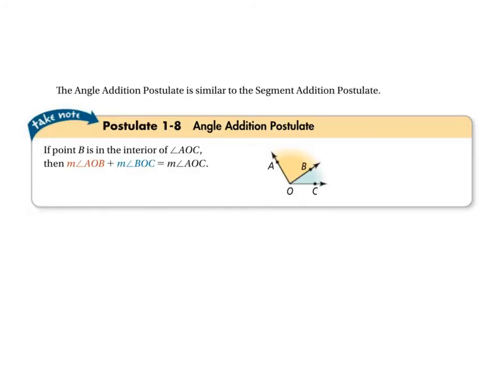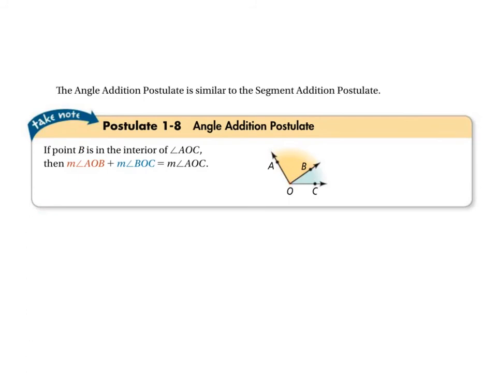All right, so like the segment addition postulate, the angle addition postulate states that two angles can add together to be a larger angle. Specifically, if point B is in the interior of angle AOC, so you have this angle, angle AOC, and point B is somewhere in its interior, you can then create a ray from vertex O through B, right?